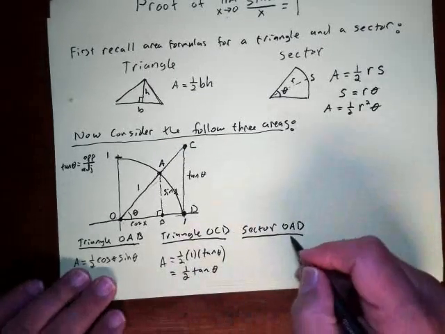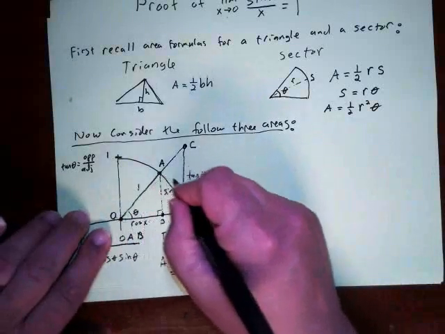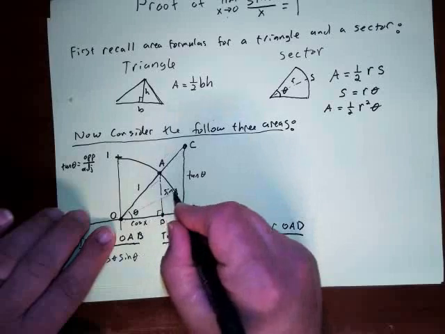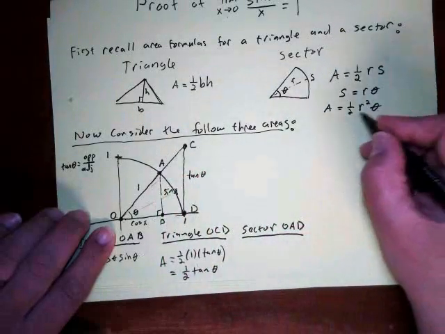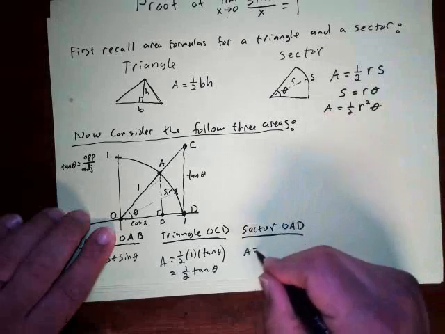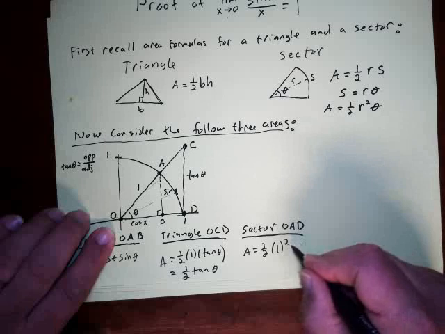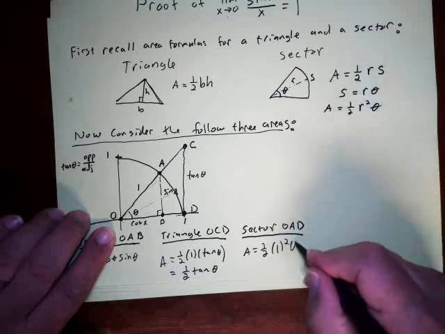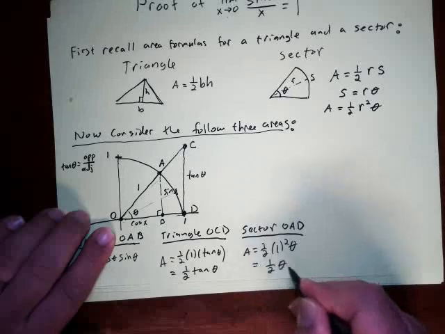Now what about the sector here? Well, this is the sector. The radius is just 1, right? And so if I use this formula, the area of this sector is 1/2 times 1 squared times theta, and 1 squared is just equal to 1. So this could just be 1/2 theta.